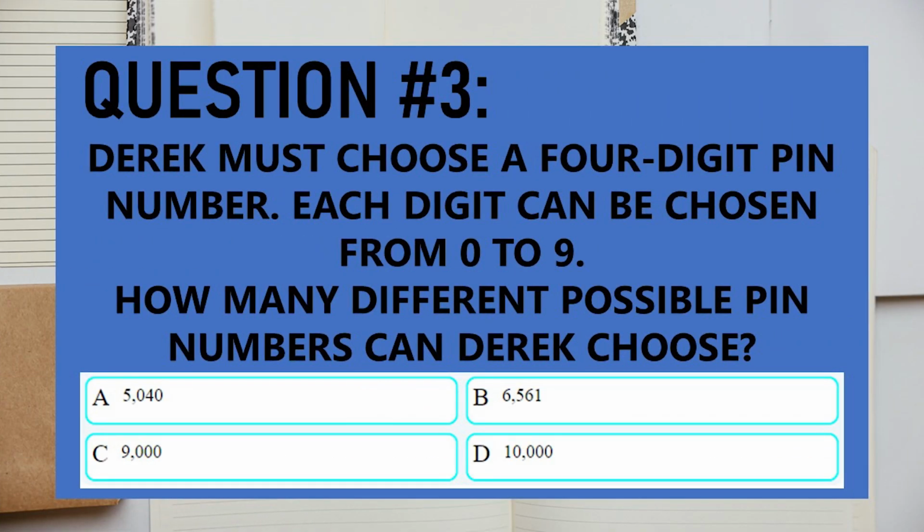Question number 3. Derek must choose a 4-digit PIN number. Each digit can be chosen from 0 to 9. How many different possible PIN numbers can Derek choose? Letter A, 5040. Letter B, 5561. Letter C, 9,000.